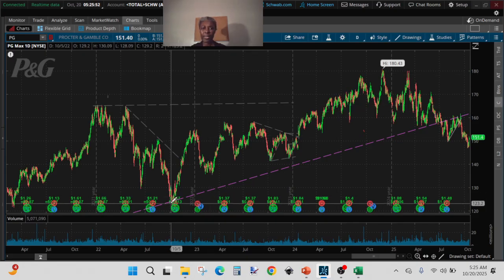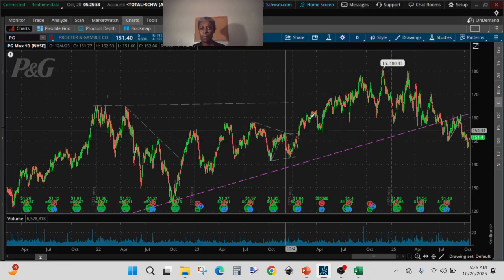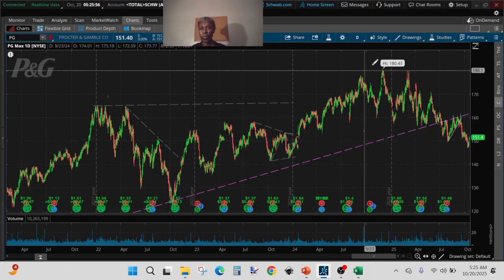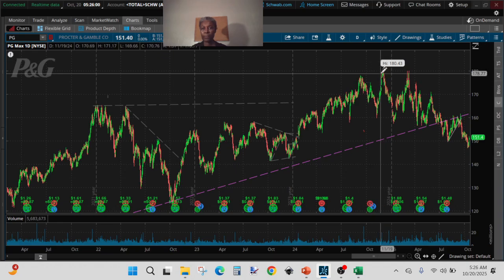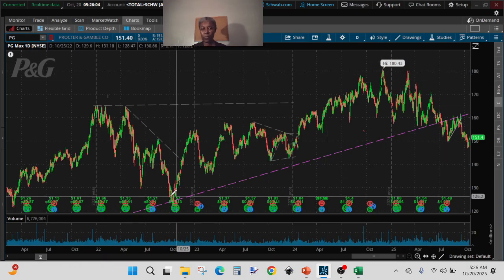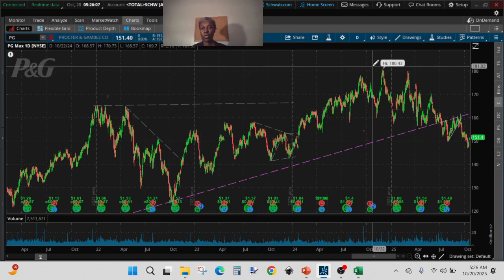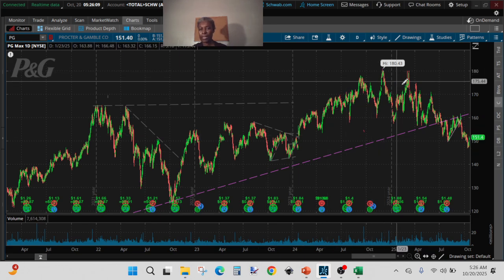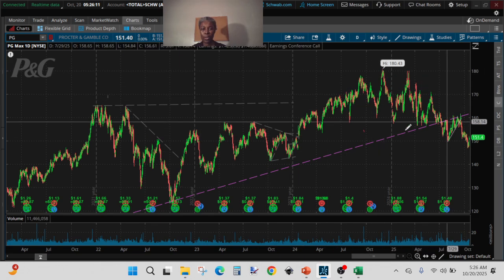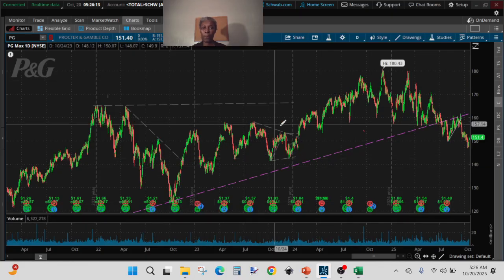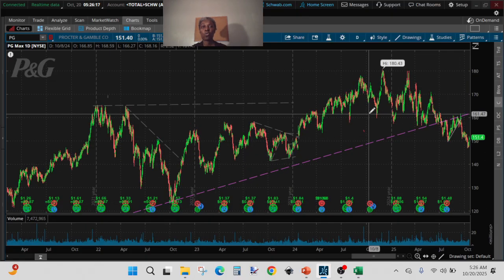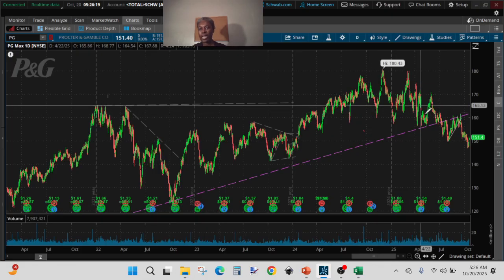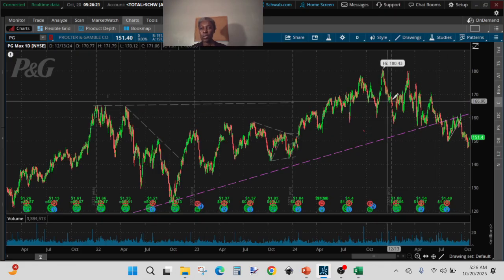As for this one, it climbed the mountain from this support line all the way there. That was the upside of the mountain, and this is the downside of the mountain. So the one direction was going up and the second direction was going down, but on each side it is going up and down, using a short uptrend line to rest on, and it's doing the same going down.